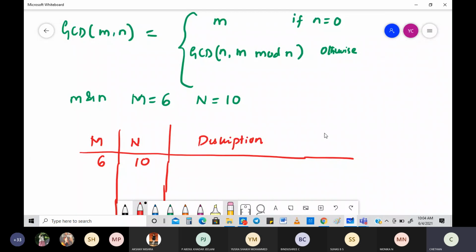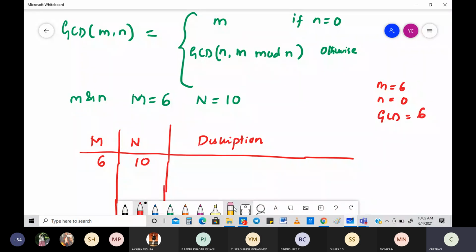Now let's look into this. m and n are 6 and 10. If n is equal to 0, I give back m. For example, when m is 6 and n is 0, what is my GCD? Very clearly, without any worry, it's 6, because n is equal to 0 so I give back m. What is m? 6. So the GCD is done. Anyone can do it.